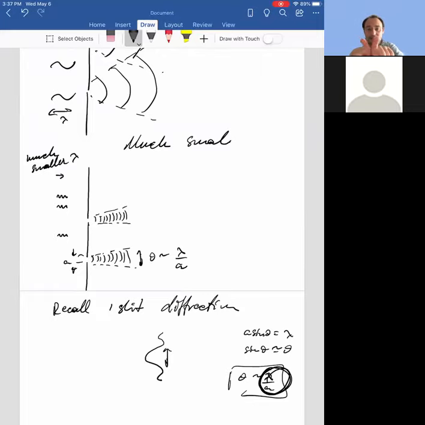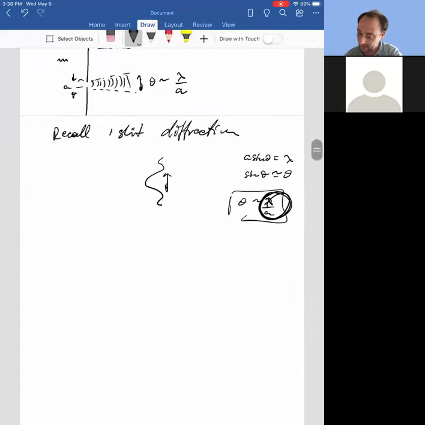One is the angle of the spread from each opening, and the other is the angle between the first fringe, second fringe, third fringe. Both of those go like lambda over geometric size. That's what matters: theta goes like wavelength over geometric size.